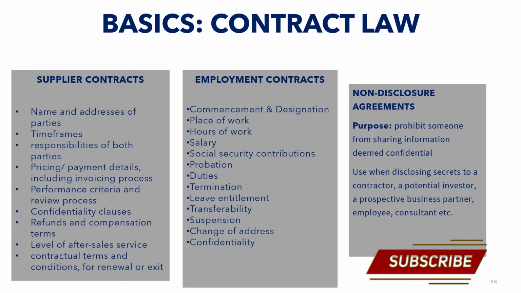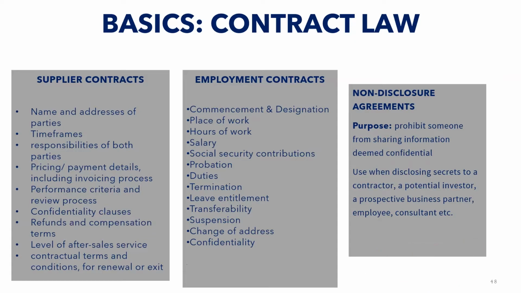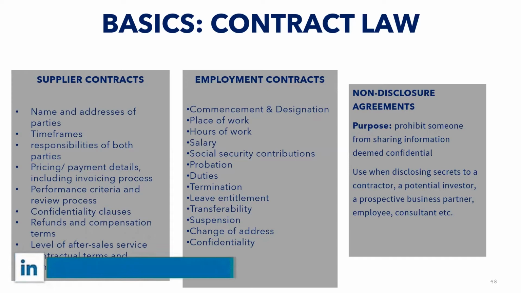These are generally important aspects of contracts for an entrepreneur. I will not talk about employment contracts today, because when we are discussing employment law, we will discuss that aspect of it. But I do want to spend a few minutes talking about supplier contracts.